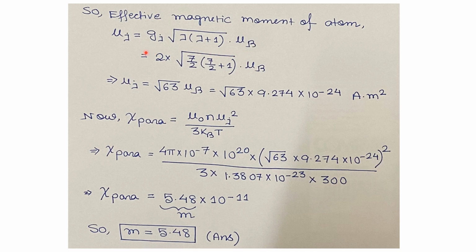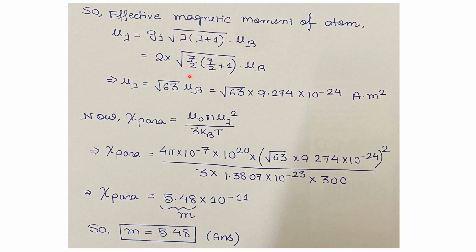We have already calculated the g_J and J values for our system. The Landé factor g_J is 2 as per our calculation, and J is 7/2. So we'll put the values here: 2 times root over 7/2 times (7/2 plus 1) times mu_B. Now mu_B is given already in the question, that is 9.274 times 10 to the power minus 24 amp meter square.